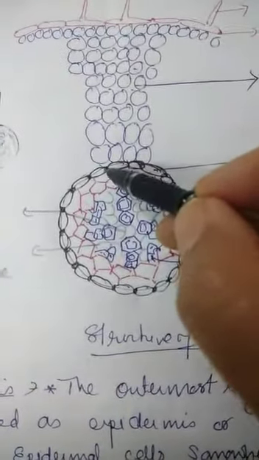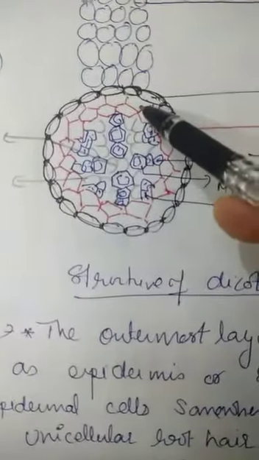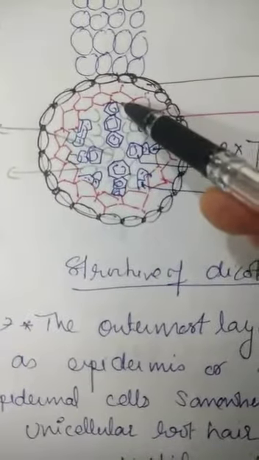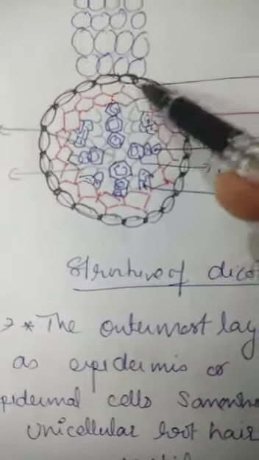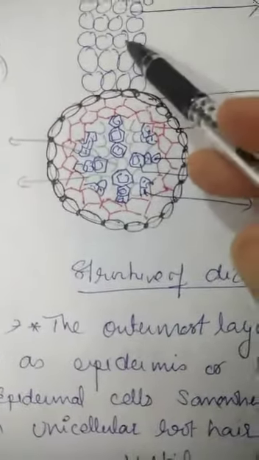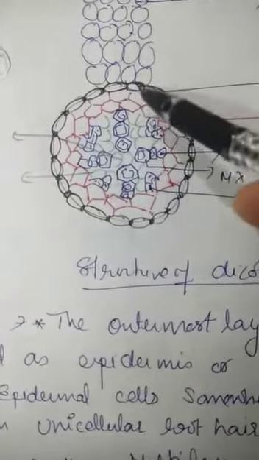This very specific thickening is called the Casparian strip. Below the endodermis there is a pericycle, one or two layered, of simple parenchymatous cells but a little thick walled. The cortex is thin walled parenchymatous.